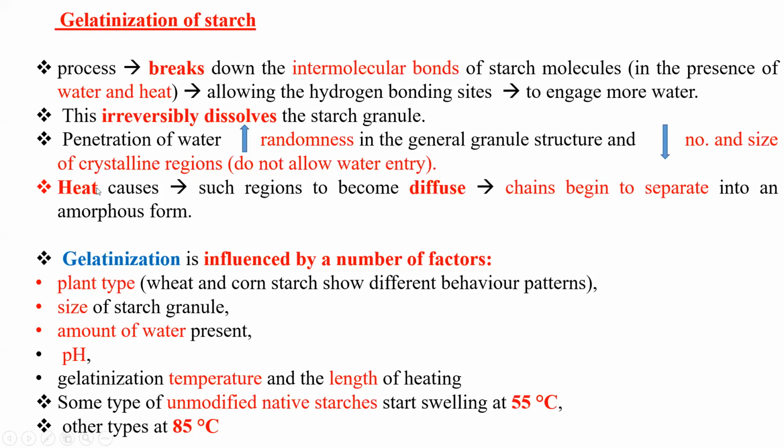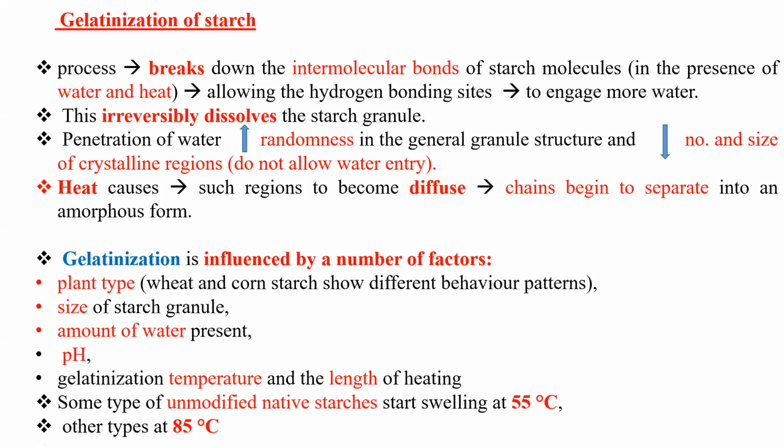During gelatinization, heat causes such regions to become diffused in the chains, and the chains begin to separate into an amorphous form. Gelatinization is influenced by a number of factors, including plant type, size of the starch granule, amount of water present, pH, gelatinization temperature, and the length of the heating.